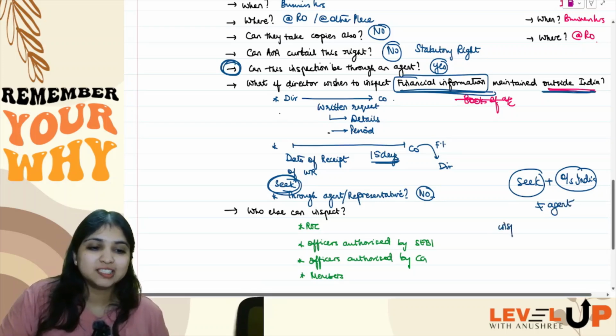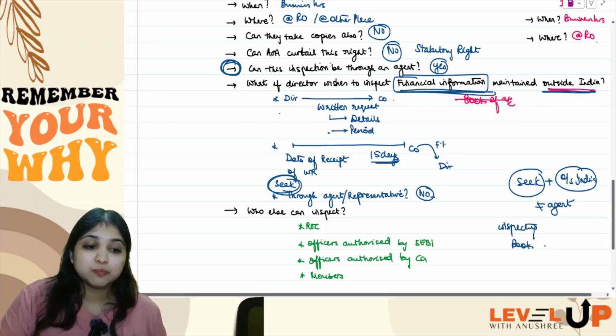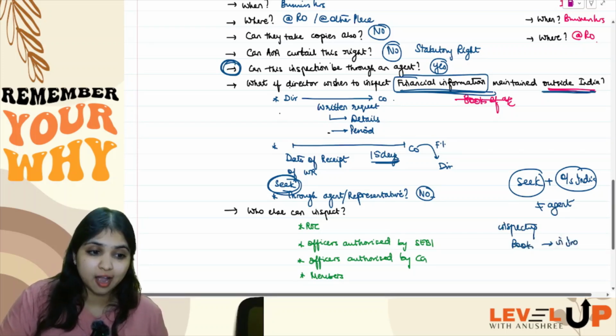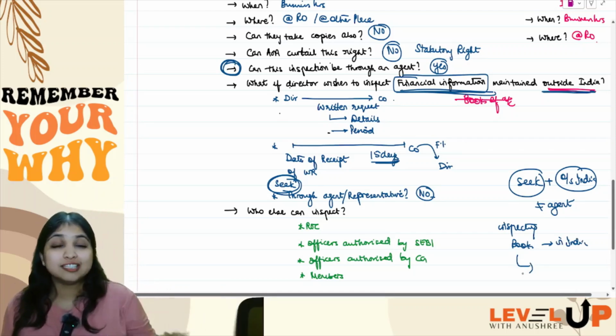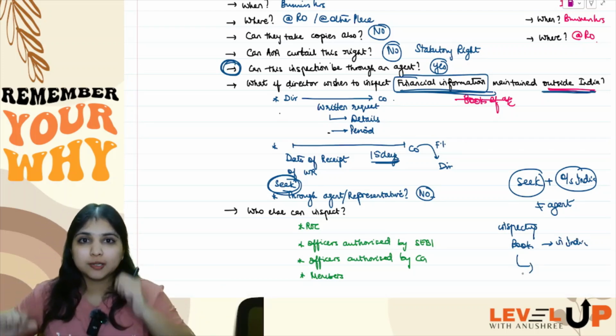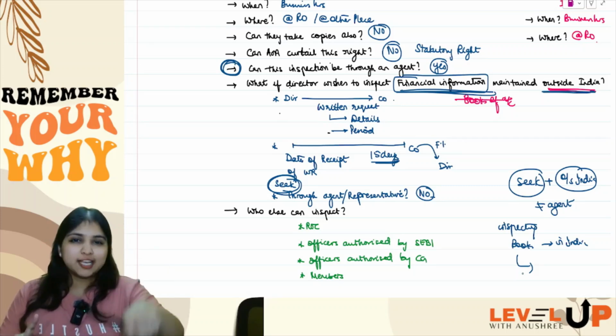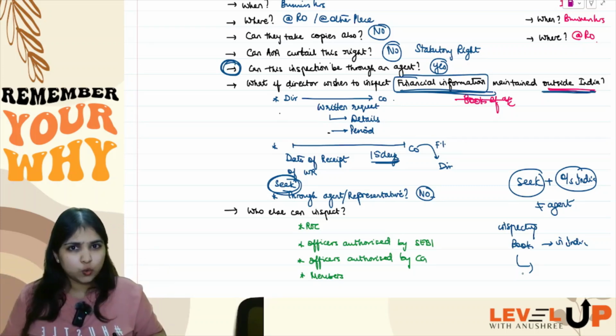But if you are inspecting books of accounts, these books of accounts are in India. The law does not say you can't do that through an agent. The law says you cannot do through an agent what? Seeking outside India. That you cannot do through an agent.